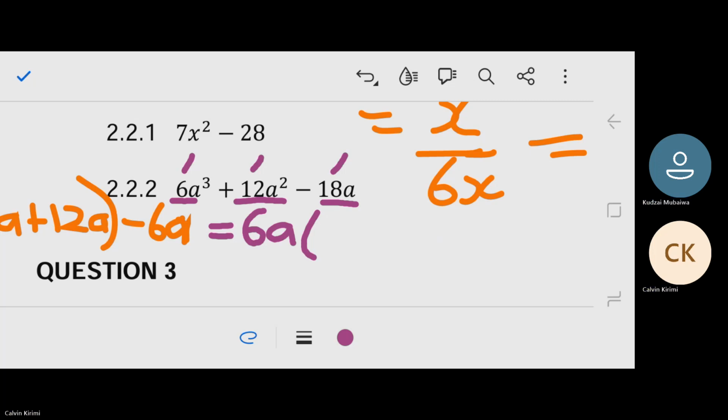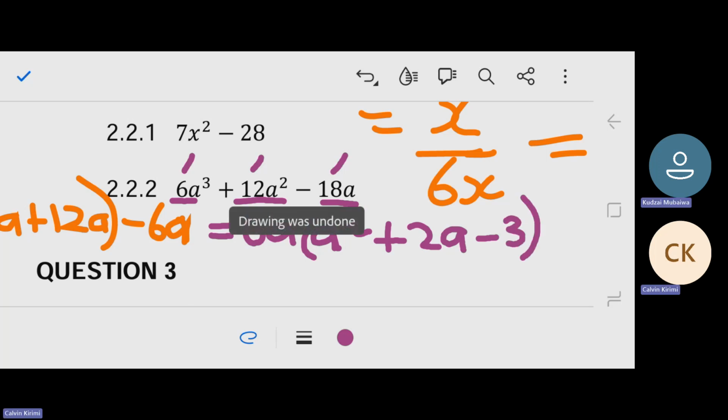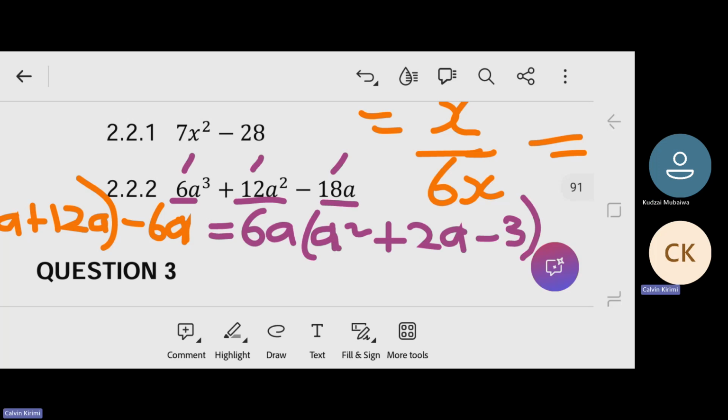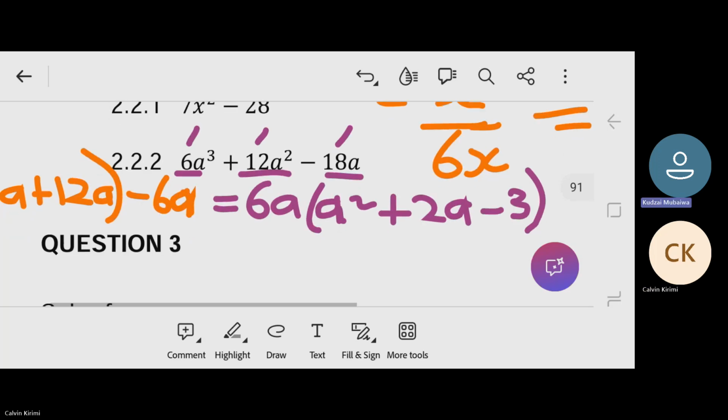Then A squared plus 2A minus 6. Sorry, minus 3. How did we do this one? We are factoring out.